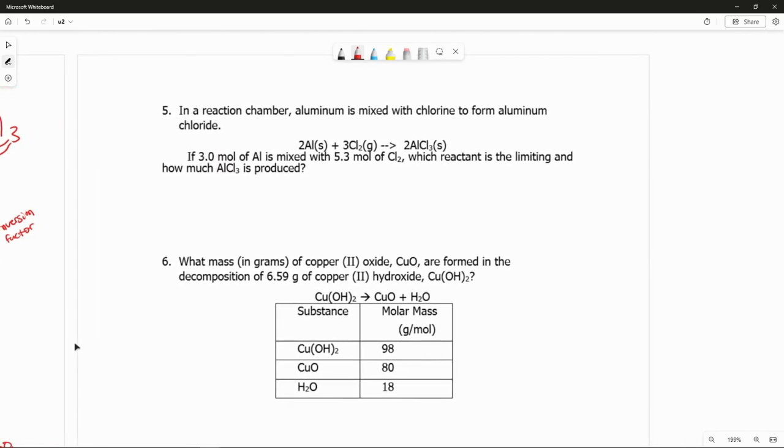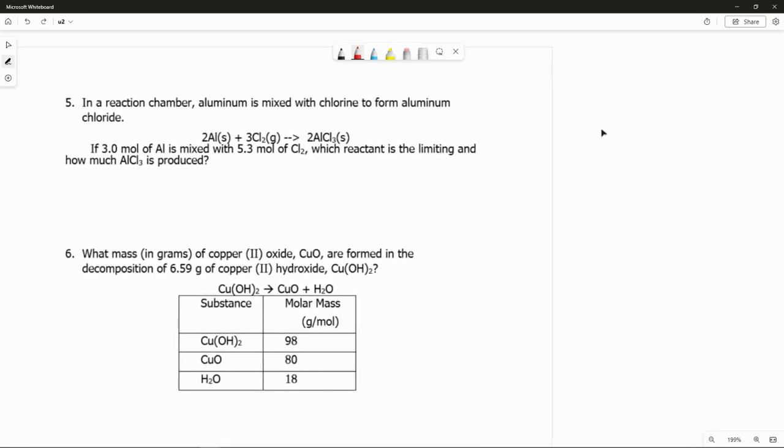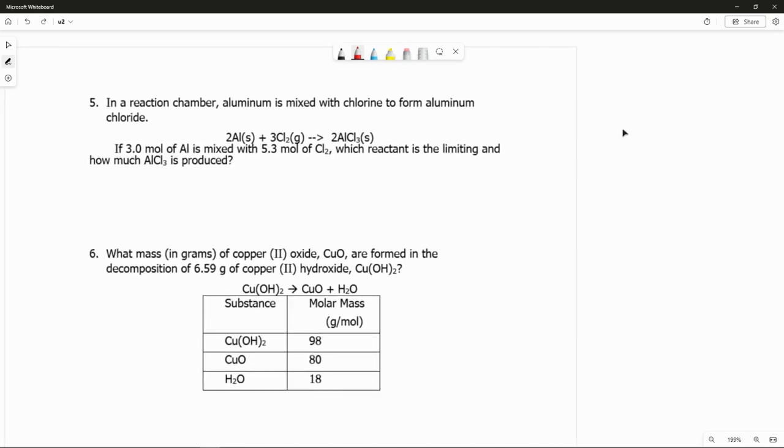In a reaction chamber, aluminum is mixed with chlorine to form aluminum chloride. If 3 moles of Al is mixed with 5.3 moles of Cl2, which reactant is the limiting and how much AlCl3 is produced? So in order to determine the limiting reactant, let's define what a limiting reactant is.